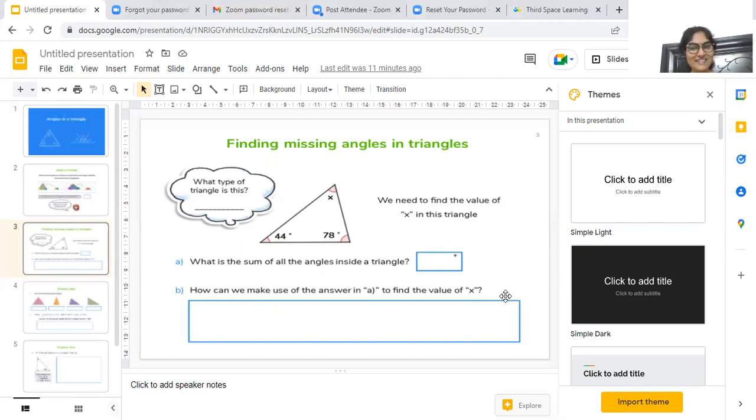And it's in degrees. We can use the pencil tool to put a degree. Thank you. So now we know that the sum of the interior angles of a triangle gives us 180 degrees, right? Shall we move to the next one?